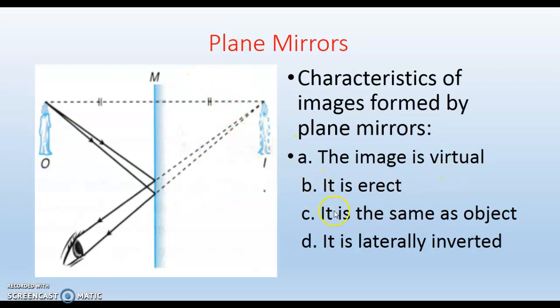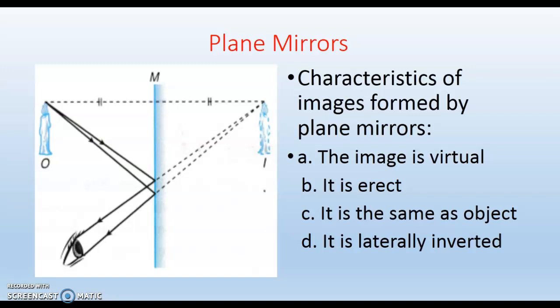The image is erect. It means it is straight up. You see the top of the candle flame here, and you also see the top of it in the image. It's not inverted. It is erect, straight. If you look at the image size and the object size, they are also the same. So when you look at yourself in the mirror, you see the same size of you in the mirror.